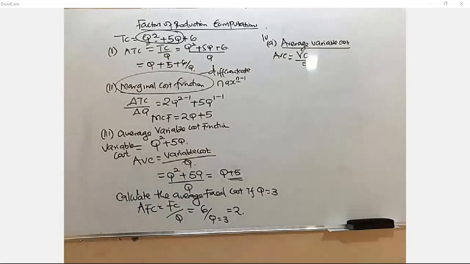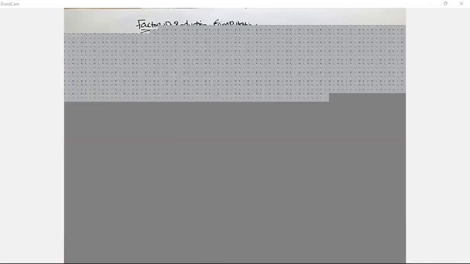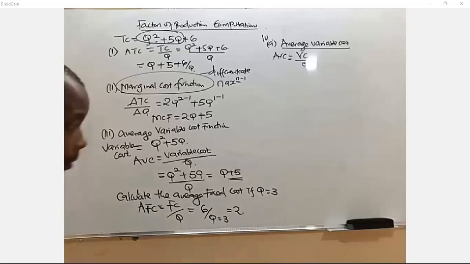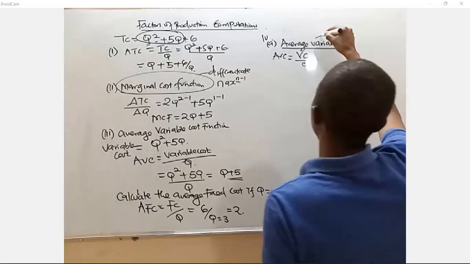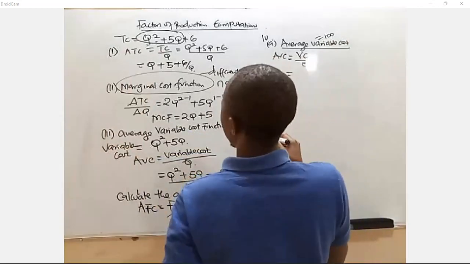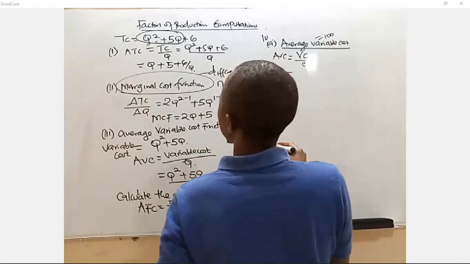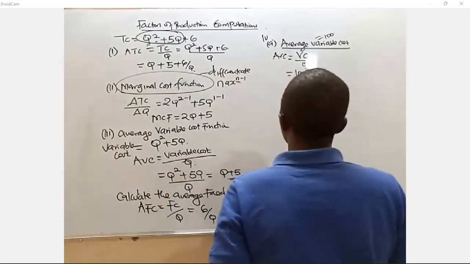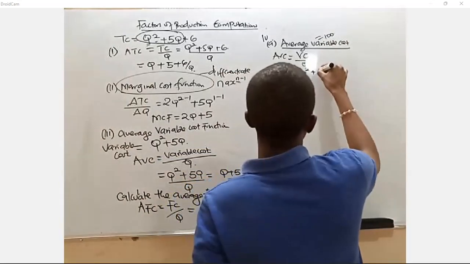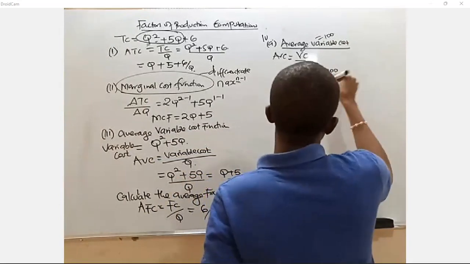So our Q is equal to 100. Let me take 100 squared plus 5 times 100, and we divide both by 100 because our Q is 100.